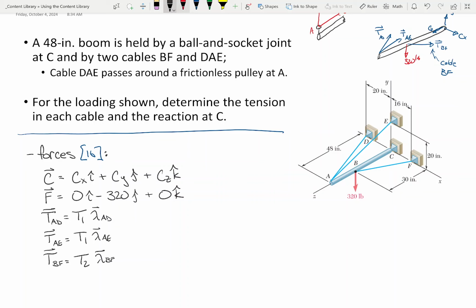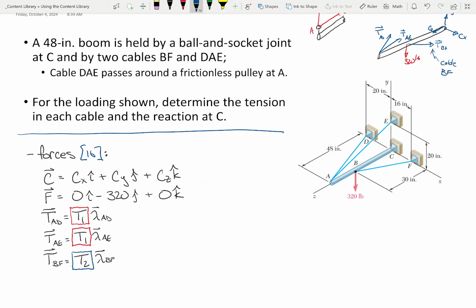And notice what I did here. Notice how I'm using the same magnitude for these two, right?